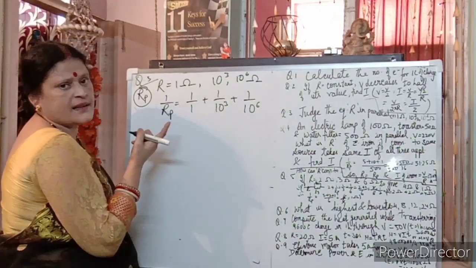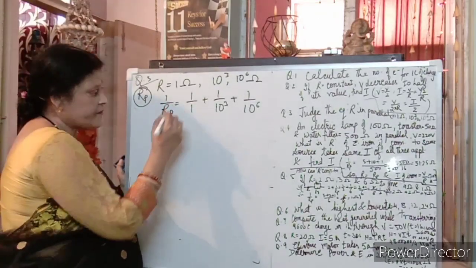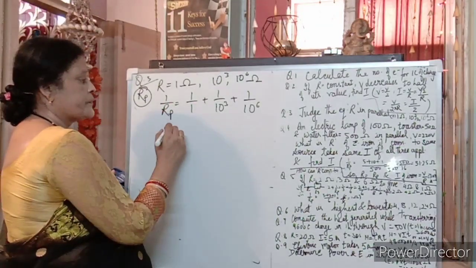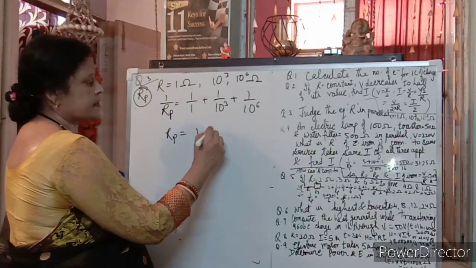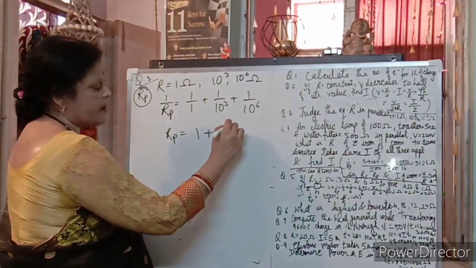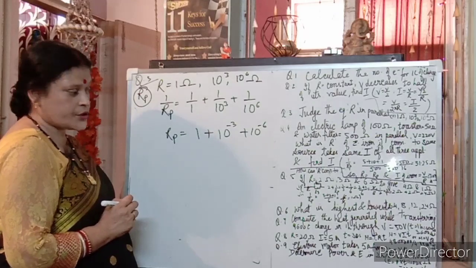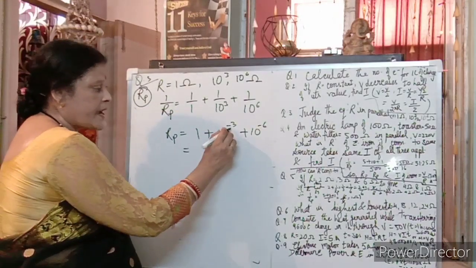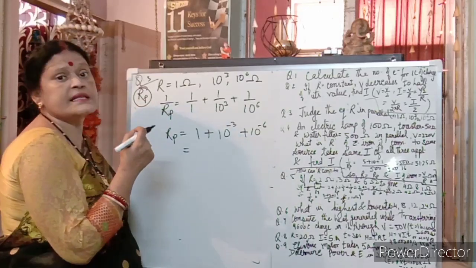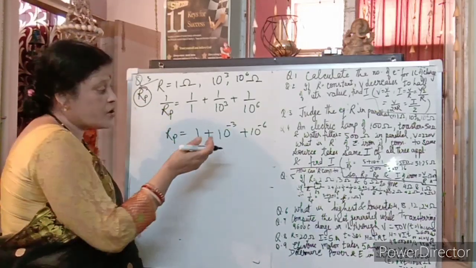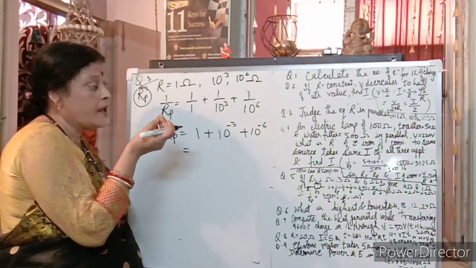Very easy. Nothing is there in this numerical. This may come for 1 or 2 marks. Now what will we do when we take the reciprocal? RP is equal to 1 plus, reciprocating, 10 to the power minus 3 plus 10 to the power minus 6. Clear, student? Now 10 to the power minus 3 and minus 6 are so small that the resistance is negligible, of no use in the circuit.